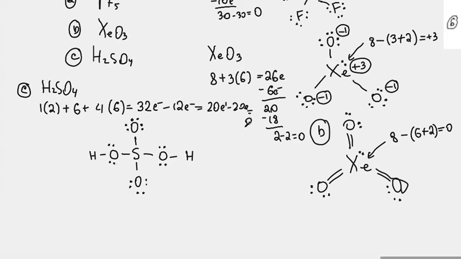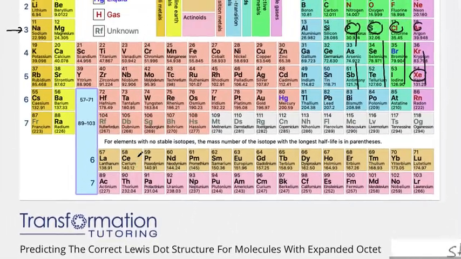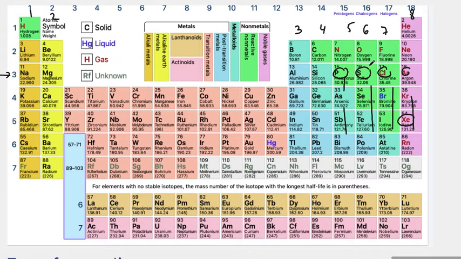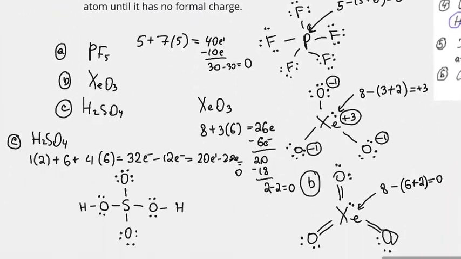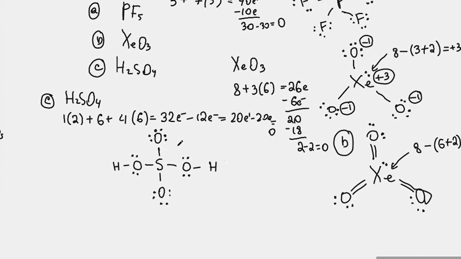I have nothing left. Now, even though everything looks great here and everyone has an octet, you could say that's it, the molecule is done. But we say hold on a second. We look at the central atom, which is sulfur, and again we go to our periodic table and we notice that sulfur is in period 3, which means it can have an expanded octet. Therefore, we need to calculate its formal charge.